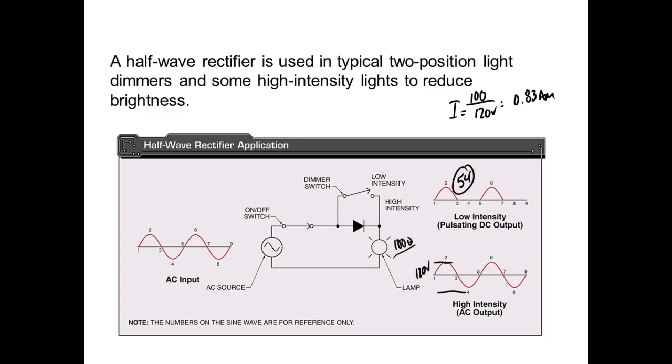So if we run this thing at 50 volts, let's calculate R. How do we calculate R? V over I, so 0.83. So this is R. Now R is not going to change. So what we got?